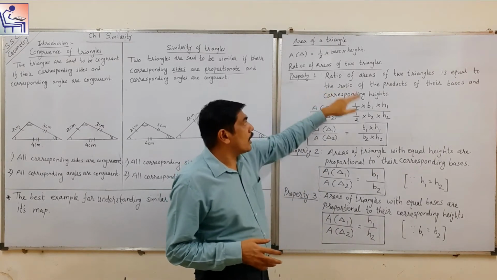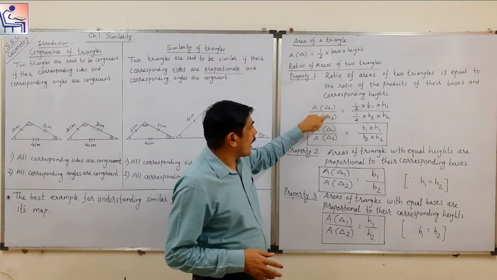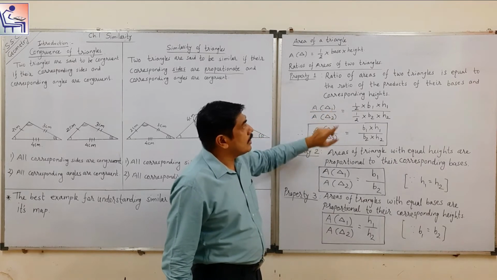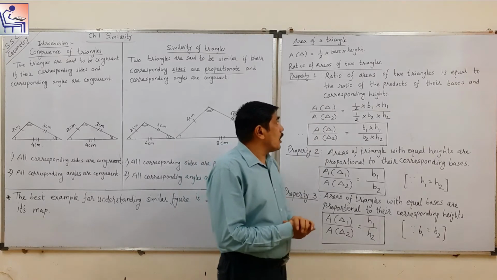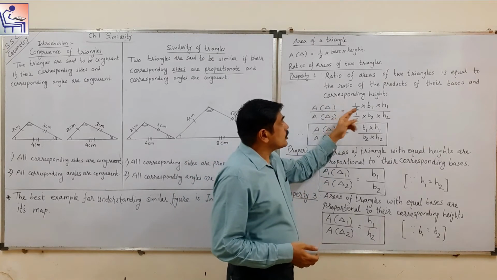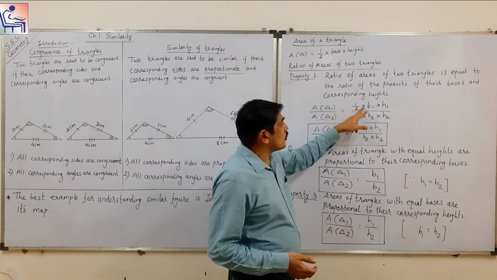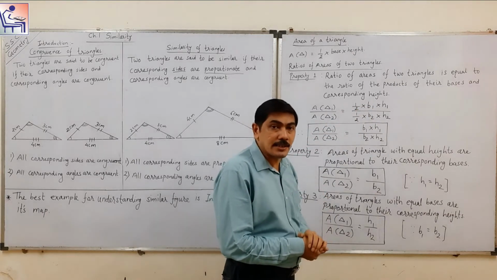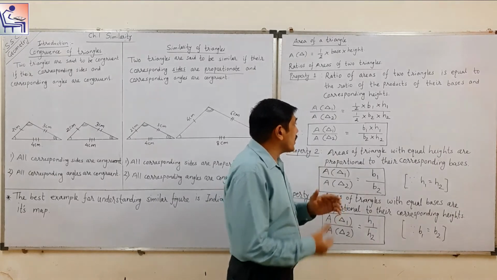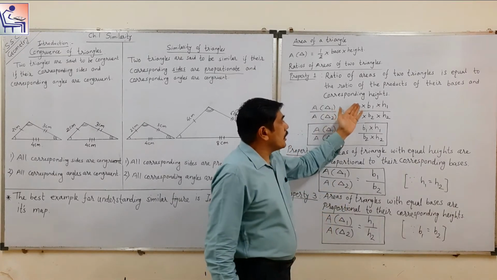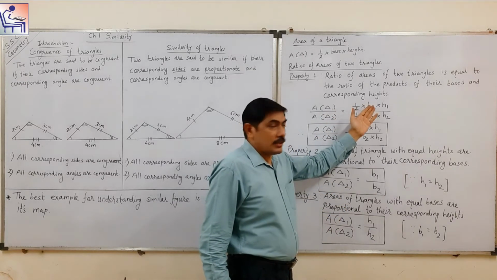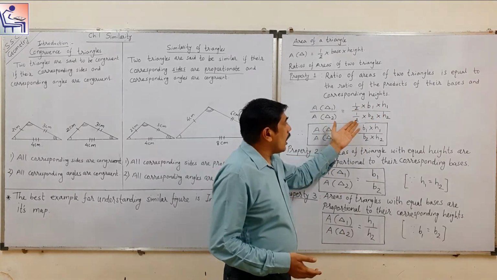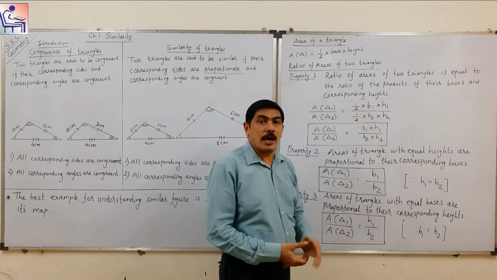The ratio of areas of two triangles, triangle 1 and triangle 2, is equal to the ratio of the products of their bases and corresponding heights. So we can say half into base 1 into height 1 upon half into base 2 into height 2.